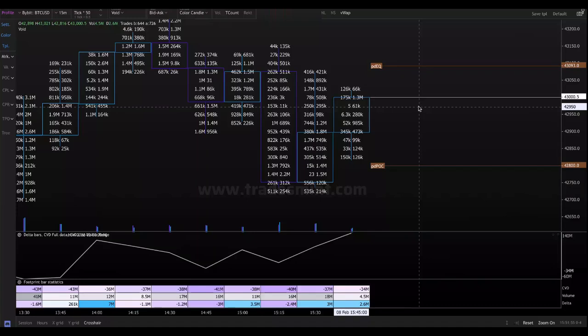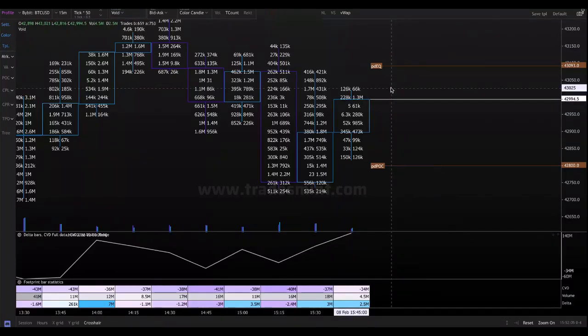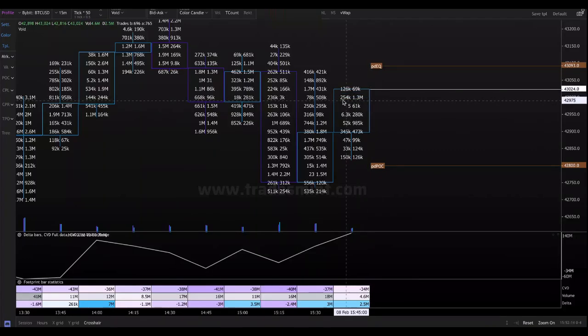The reason for that is because each tick size is going to give me 50 cents of price. So if I'm using 50 tick, what that means is I'm basically changing in $25 increments, meaning each one of these data points right here is going to be showing me how many buys and sells took place within $25 increments.